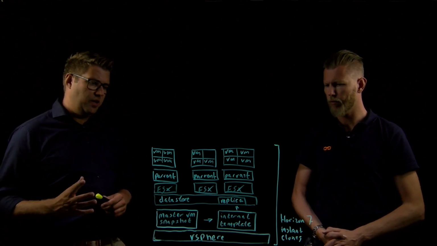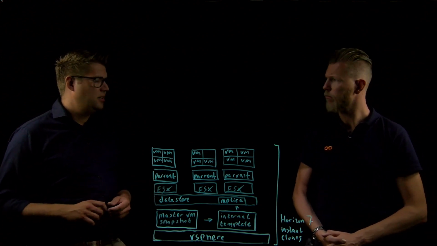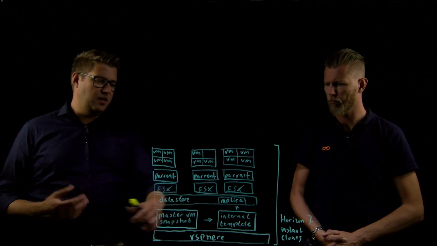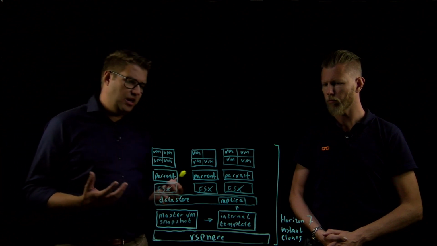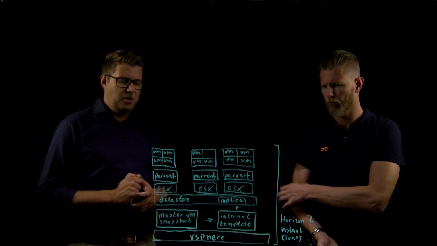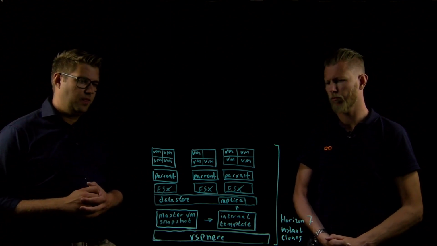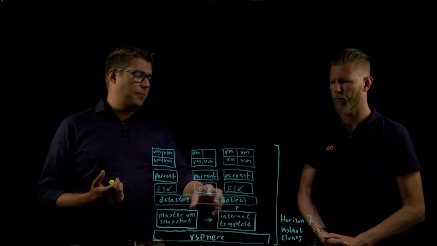Right. So then really the first step within Horizon is to create an internal template. It's kind of like a linked clone, it links the template to your master VM. And that's where our pool journey begins, because as soon as we click the wizard for creating a pool using instant clones, the first step is that we're going to create a replica.